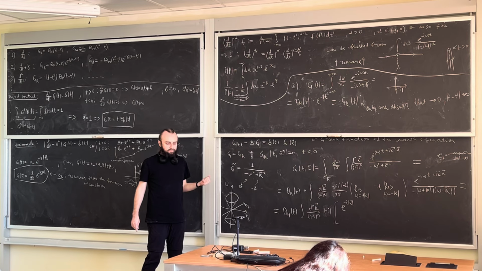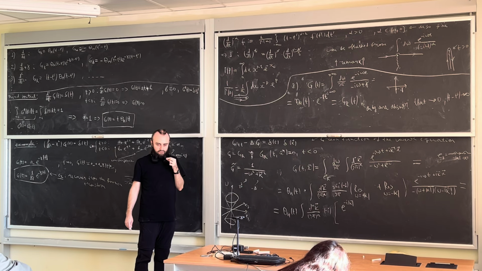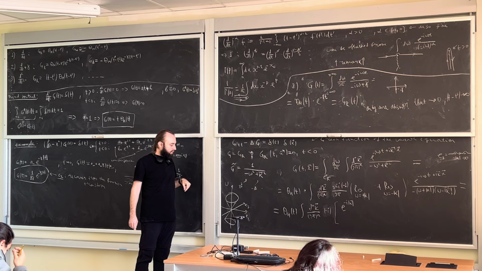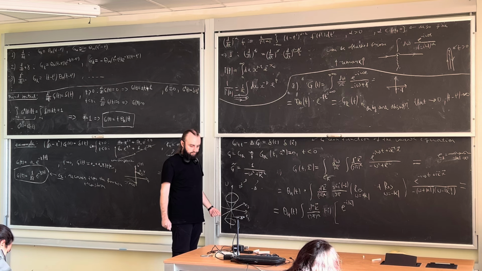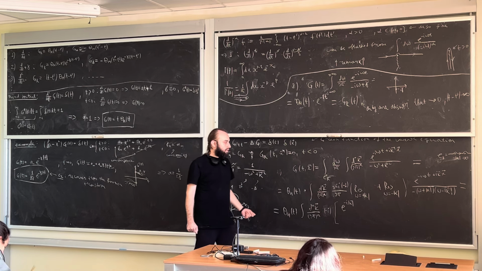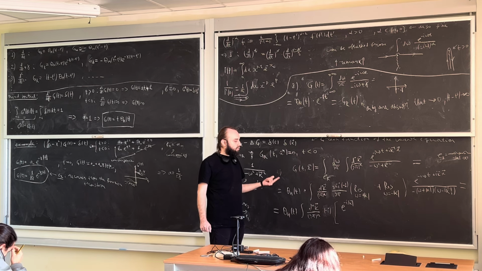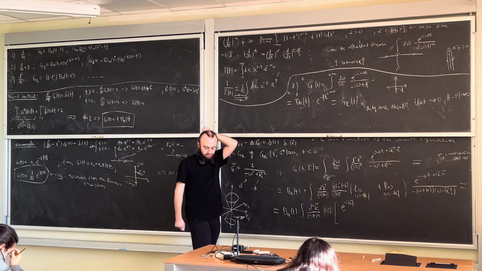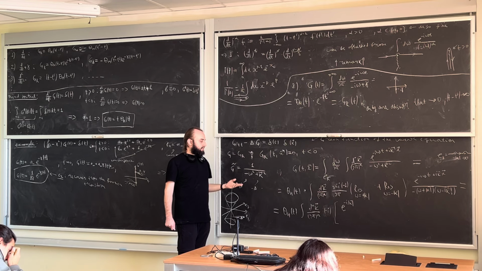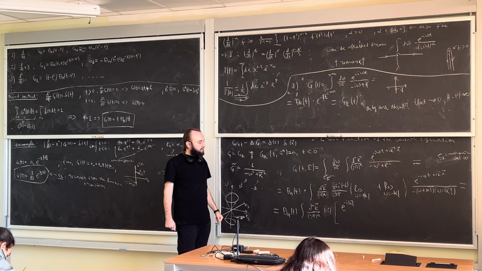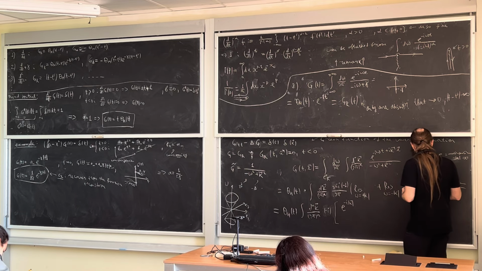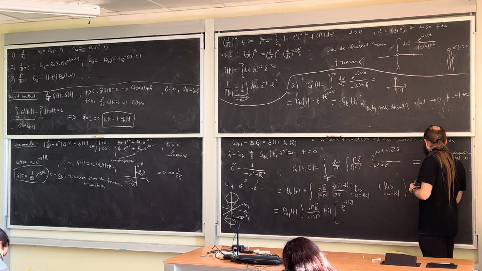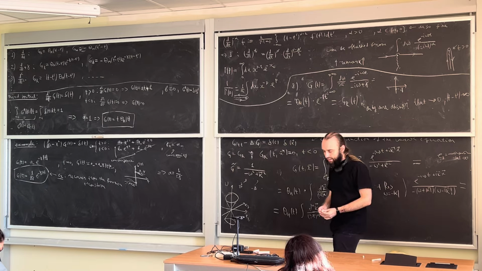Okay, k vector and absolute value of k are two different objects. One is a set of numbers, another is just one number. So omega equals absolute value of k, or minus absolute value of k.